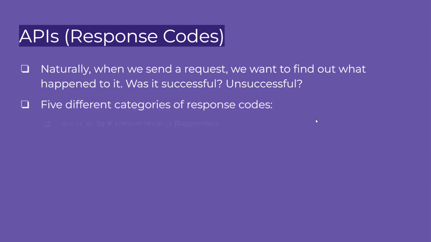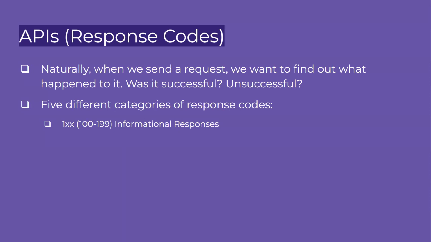So we have 5 categories. The first one is something we call informational response. So that is for all status codes, and I've put in brackets here 100 to 199. So I just put 1XX to symbolize that. If we get a status code in that range, these are just preliminary messages.